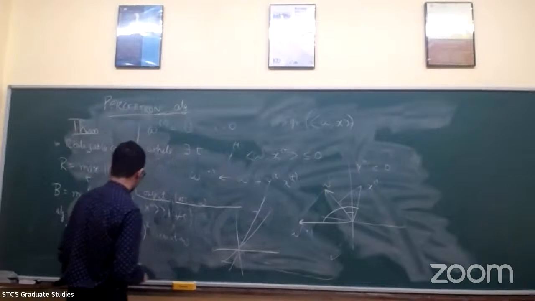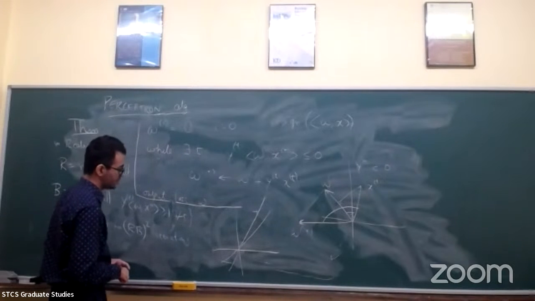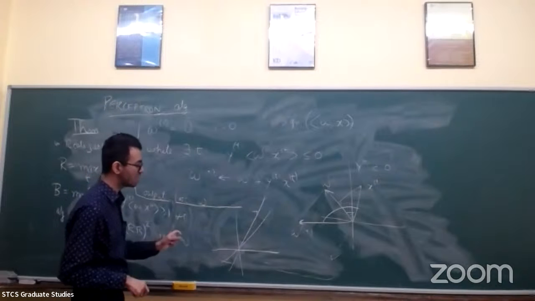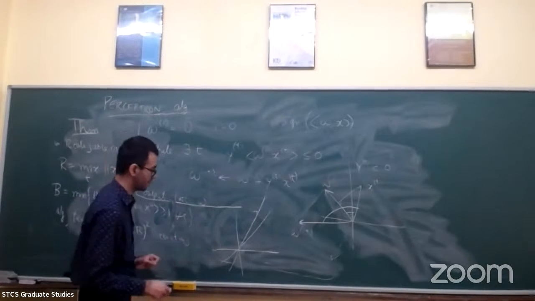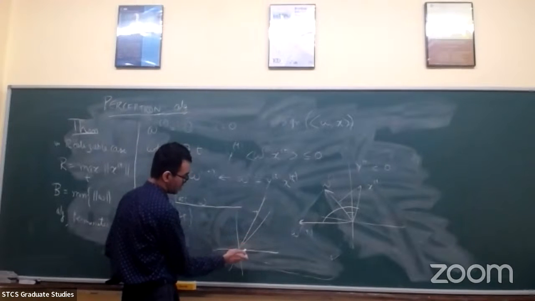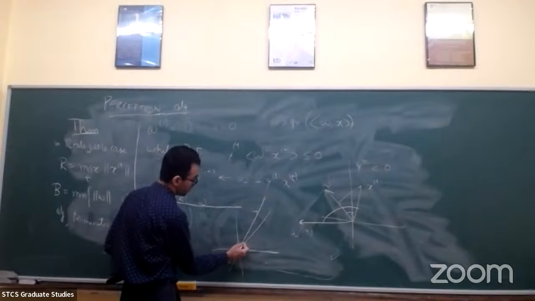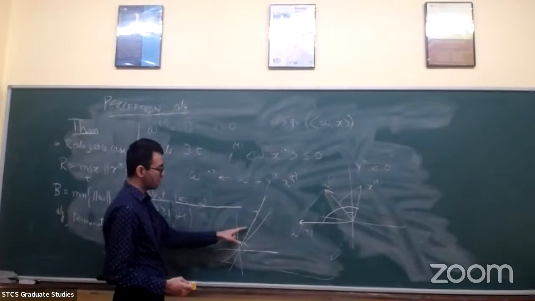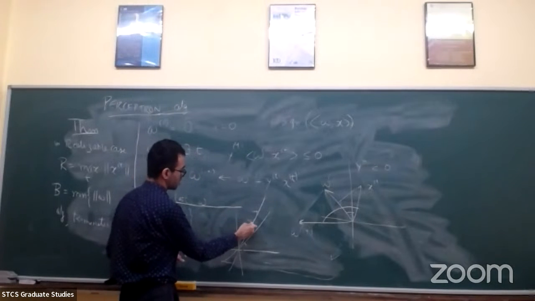So that will be the line which has the largest distance from the closest point. For this line, the closest point is this guy, so the distance is this thing. For this line, the closest point is this guy, so the distance is this.